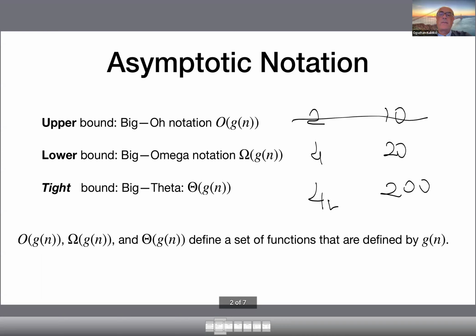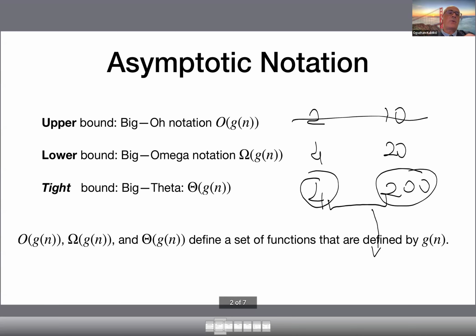Because the difference between these bounds gets bigger. Even worse, when the house gets larger and larger, the difference between the lower bound and the upper bound will become so big that it will become useless, right?